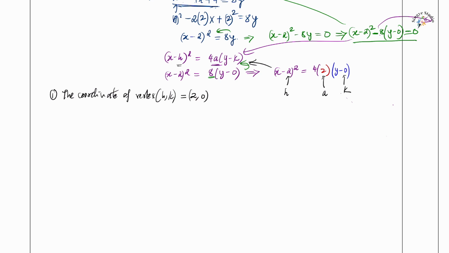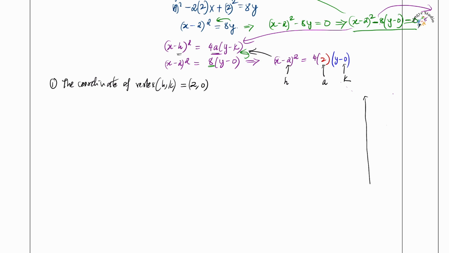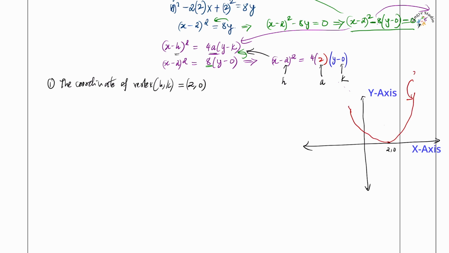So this is our vertex, which means if you roughly sketch our parabola here like this, then our vertex is here at (2, 0). And this equation is just (x minus 2) squared equals 8y, right?